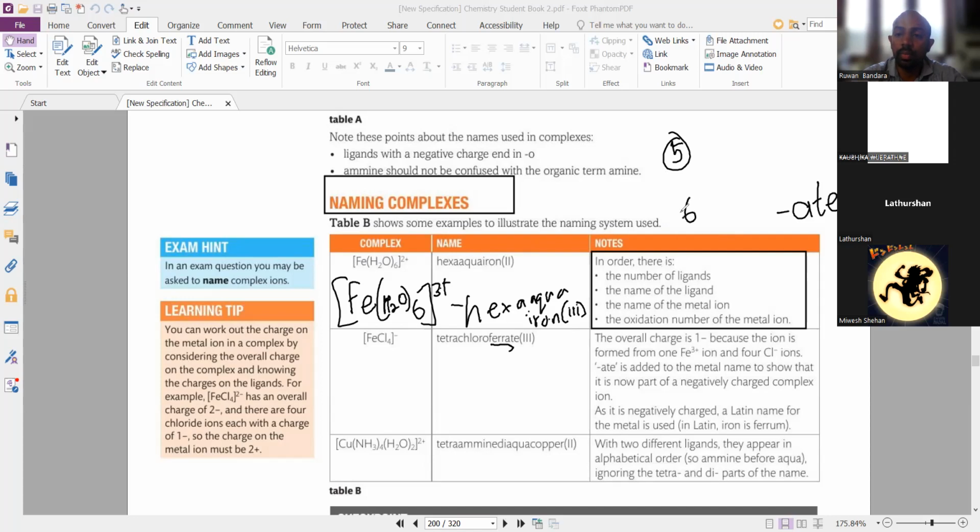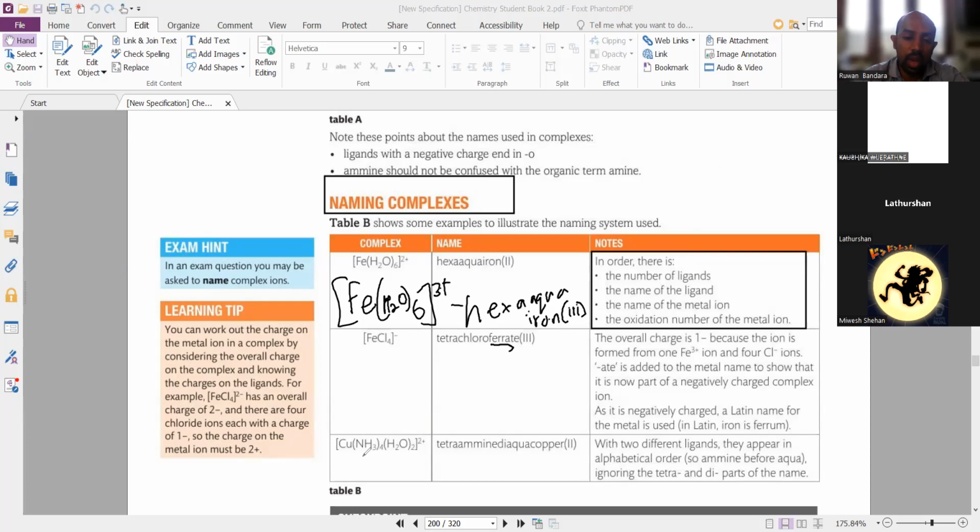Last point, the sixth one. If there are two different ligands, they appear in alphabetical order.